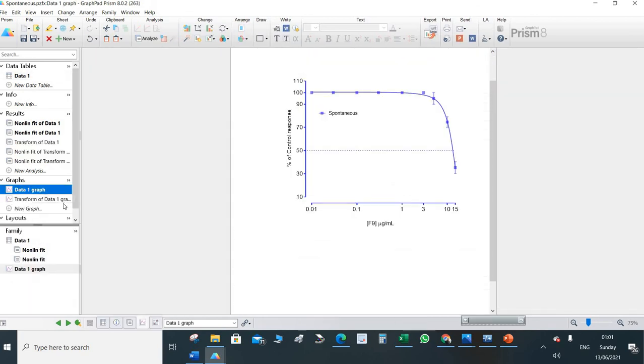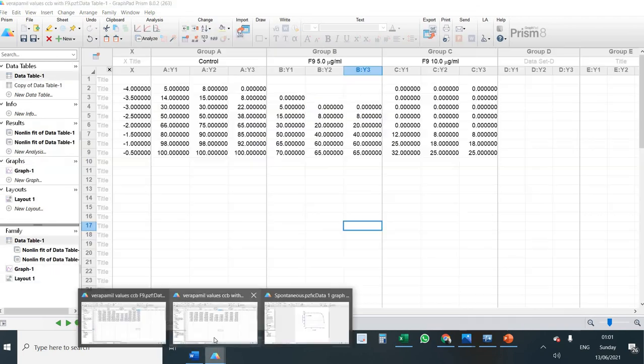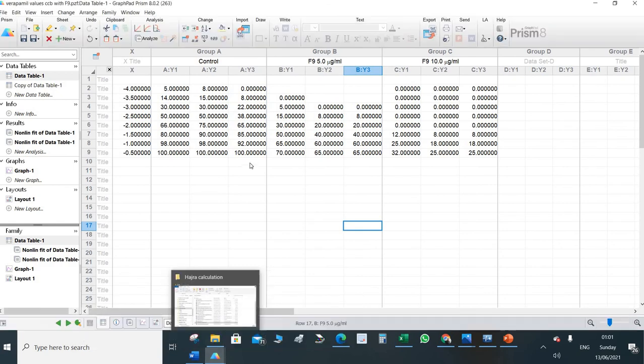This is already plotted. And regarding the verapamil values, especially the F9 molecule, this is the control response, and this is the log calcium molar.